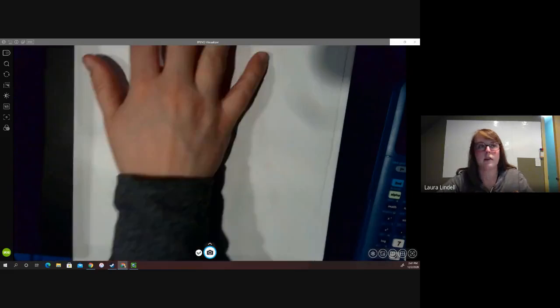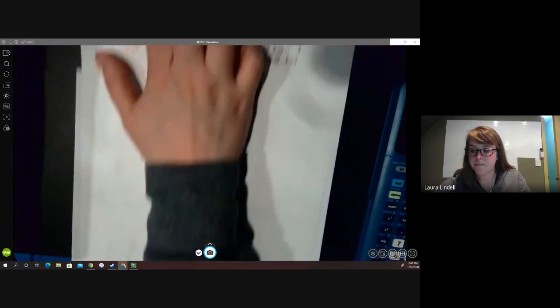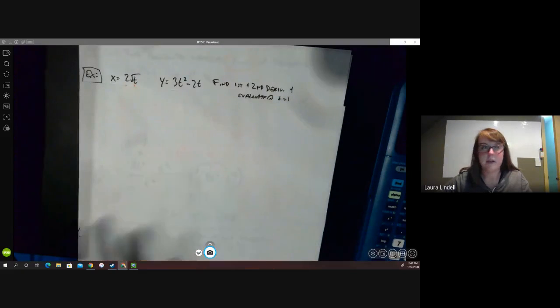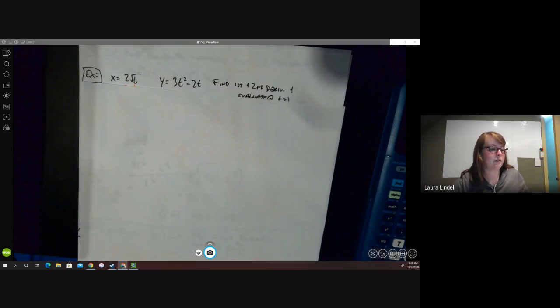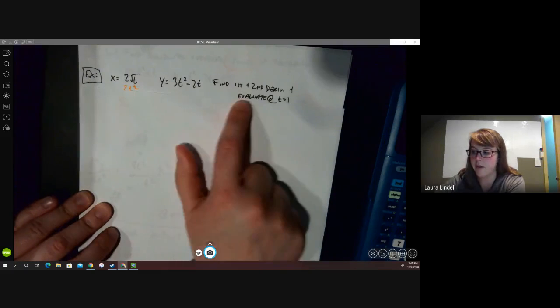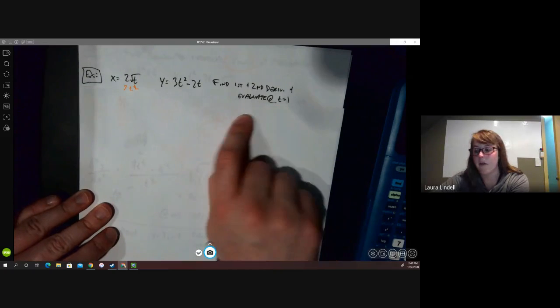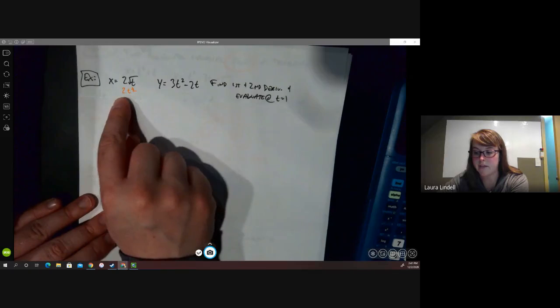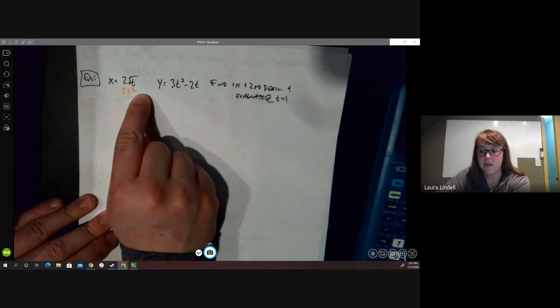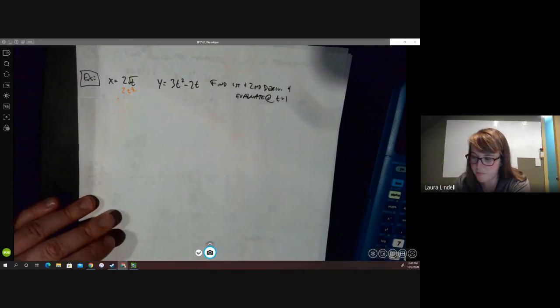For our example, we're going to use x is 2 root t and y is 3t squared minus 2t. We're going to find the first and second derivative and then evaluate each at t equals 1. I'm going to rewrite x as 2t to the 1/2 because then it's easier to differentiate.